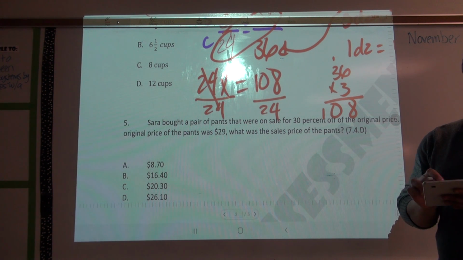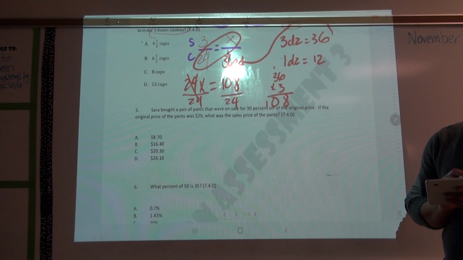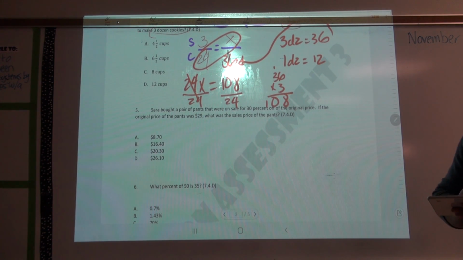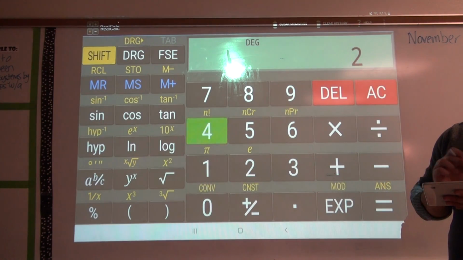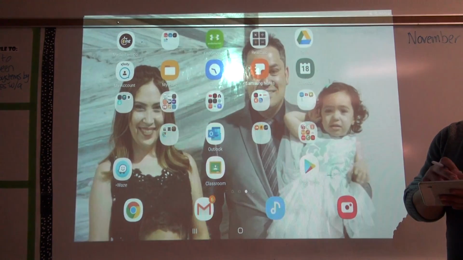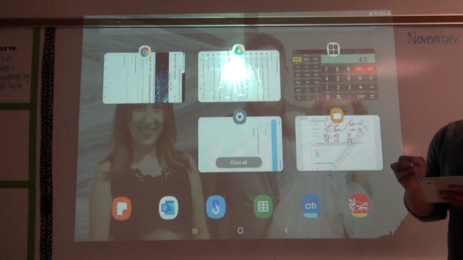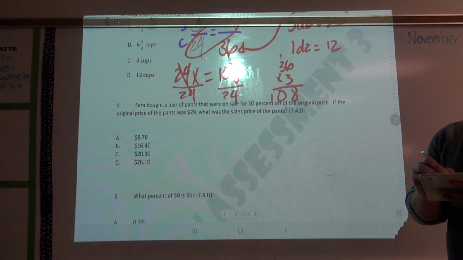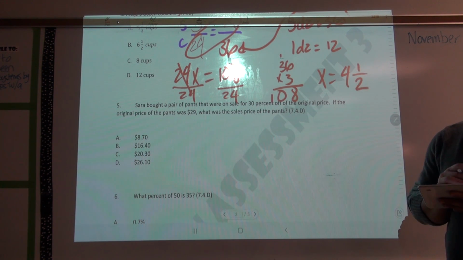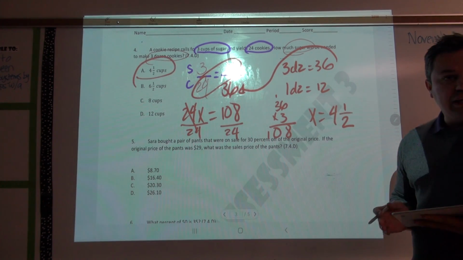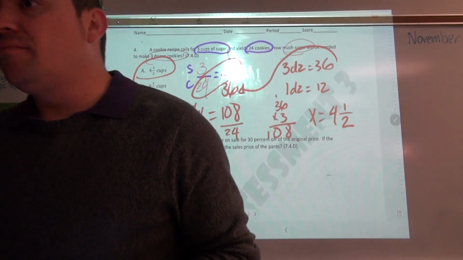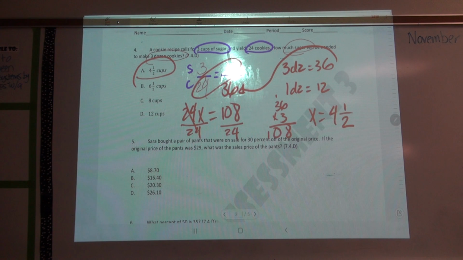That cancels that out. How many times does 24 go into 108? 108 divided by 24 is 4.5. So x equals 4 and 1/2, which is A. Any questions on this so far? Anybody? Preguntas? Are you writing this down?